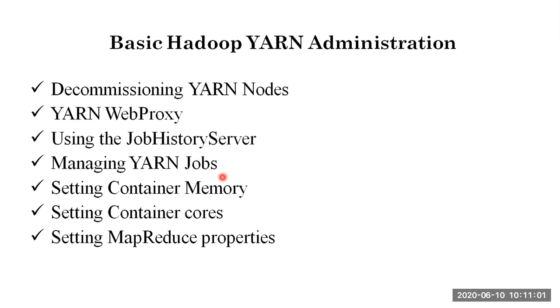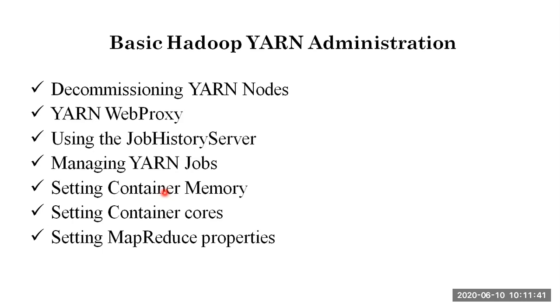Here we will be managing with the application command. For example, if you want to kill any particular application, I can use the kill command followed by the application ID. And next, setting container memory.